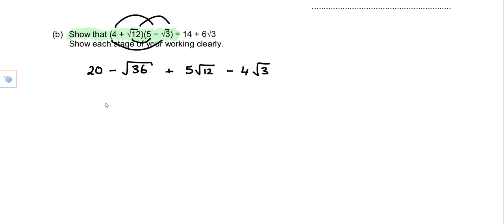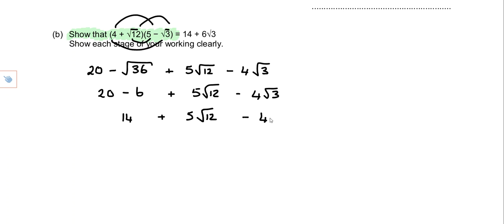Okay, so we simplify this, so we know that this is 6, so we've got 20 minus 6, 5 root 12 minus 4 root 3, so that's 14 plus 5 root 12 minus 4 root 3. So even at that stage we've got the 14 bit sorted.